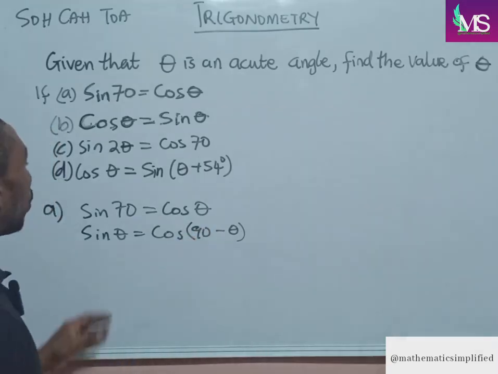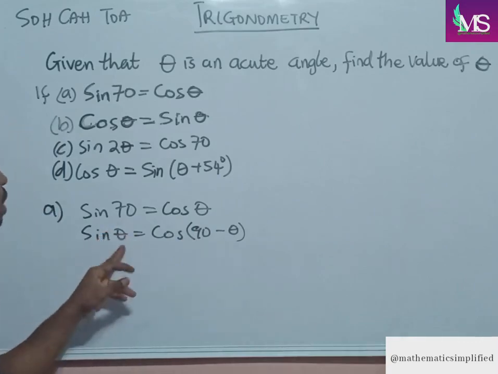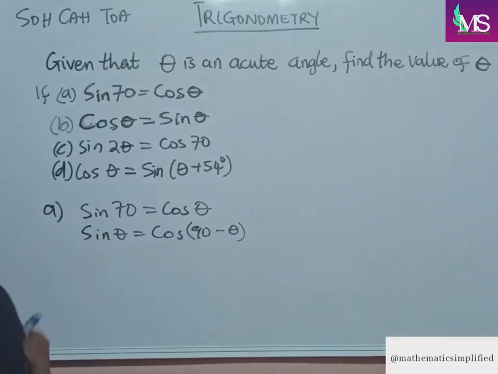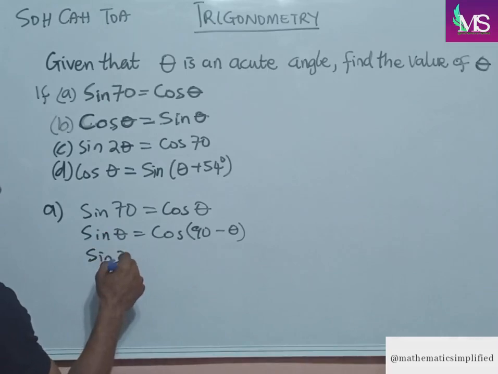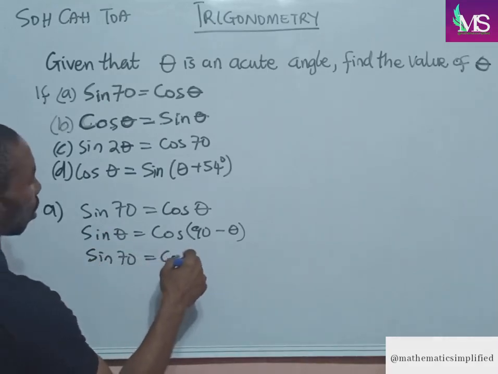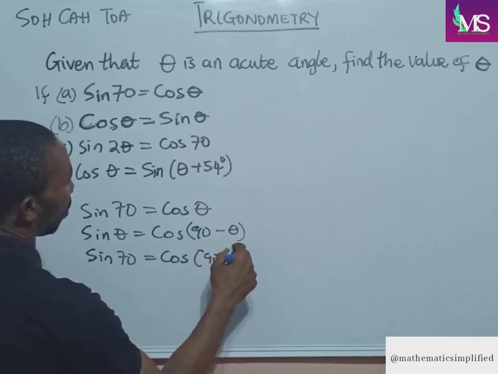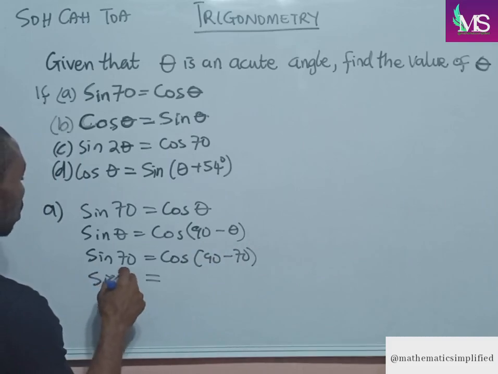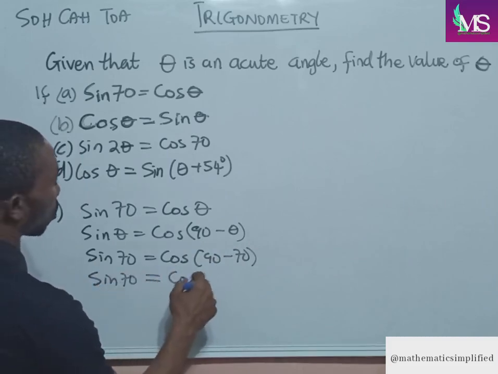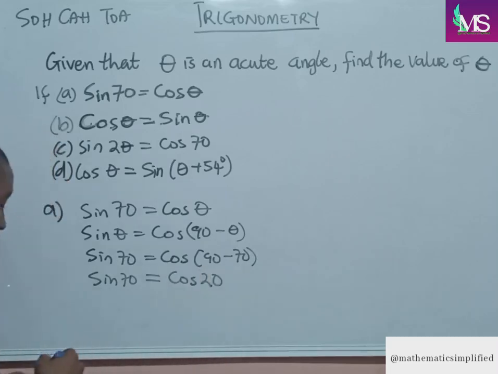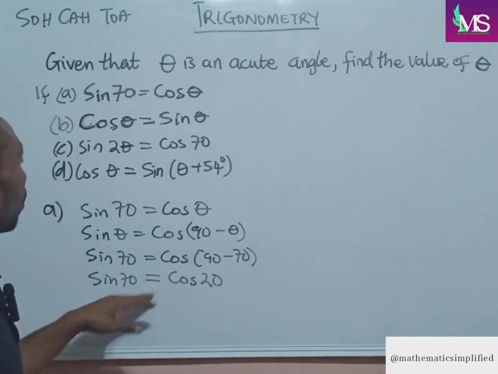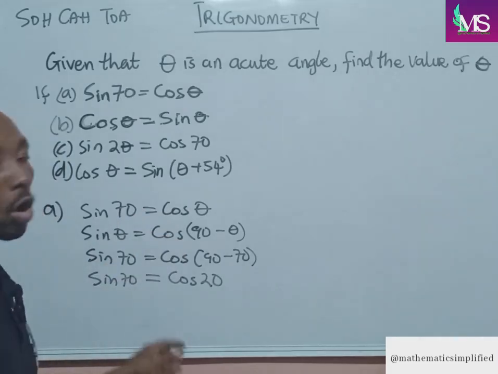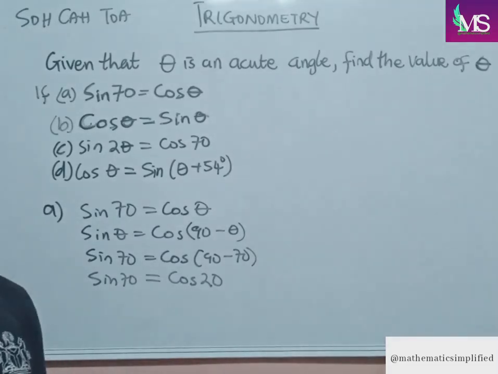So where theta is equal to 70, sine 70 equals cos 90 minus 70. So this will give us sine 70 is equivalent to cos 20 degrees. So our complement of sine 70 will be cos 20 degrees.